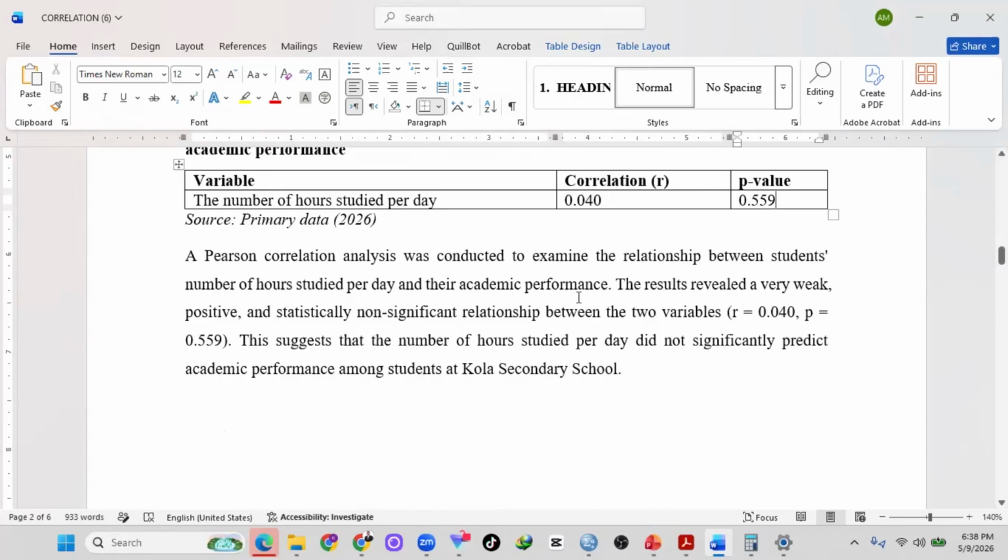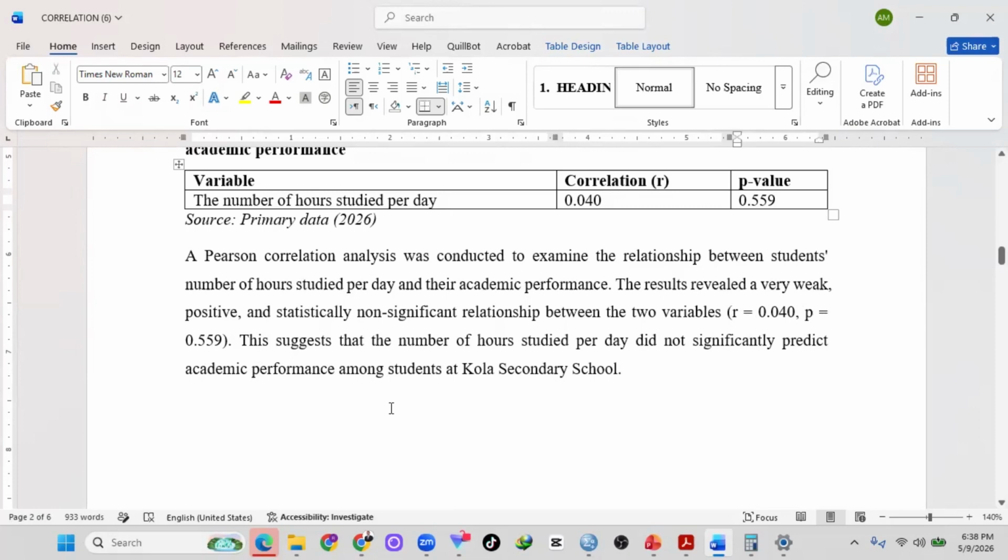The results revealed a very weak, positive, and statistically non-significant relationship between the two variables. I think this makes sense right now. So the R is the correlation coefficient, the P is the p-value. So this suggests that the number of hours studied per day did not significantly predict academic performance.